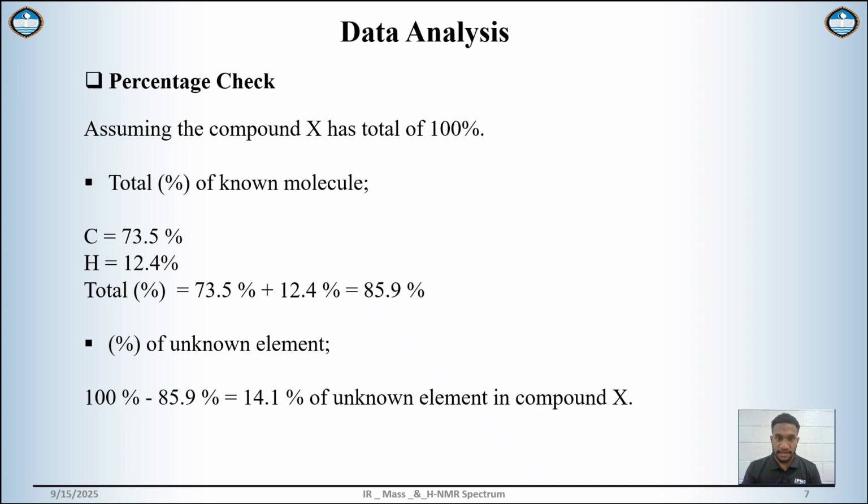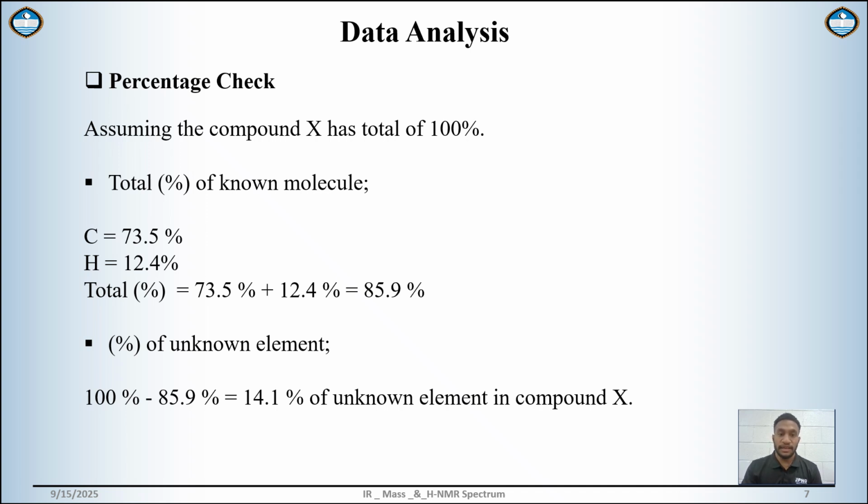Percentage check. Assuming compound X has a total of 100%, the total percentage of known elements is calculated by adding 73.5% of carbon plus 12.4% of hydrogen, which gives 85.9%.